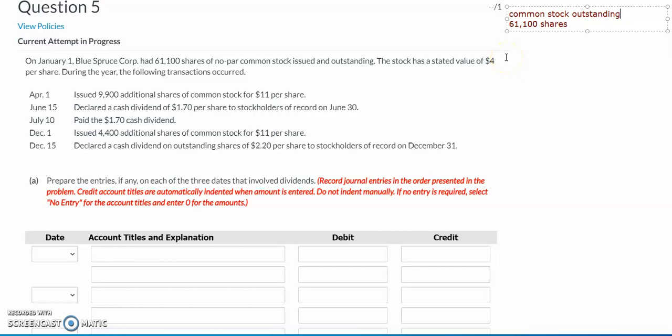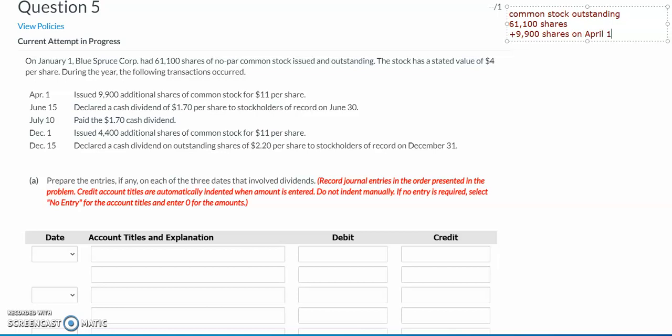So in the first transaction on April 1st, the company issued 9,900 additional shares of common stock for $11 per share. So we're going to note that on April 1st, we're going to add in an additional 9,900 shares.